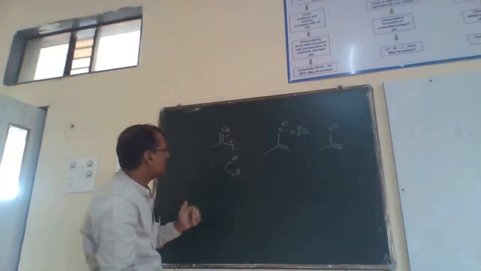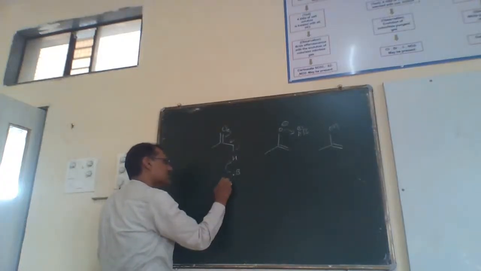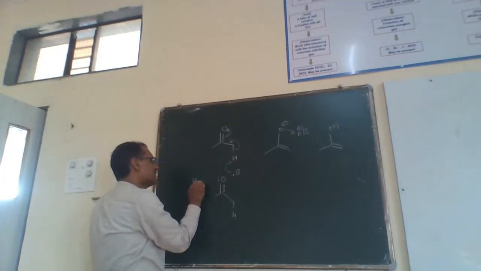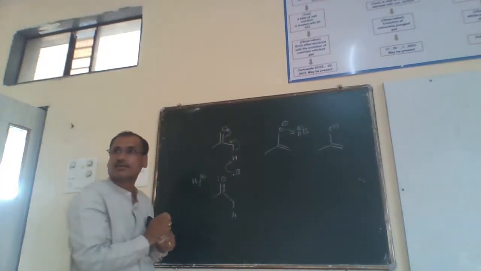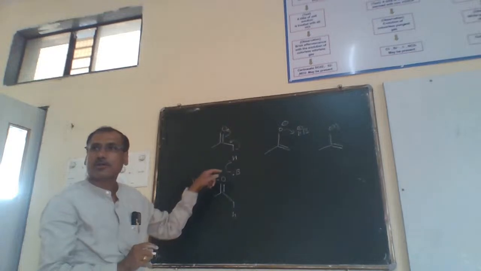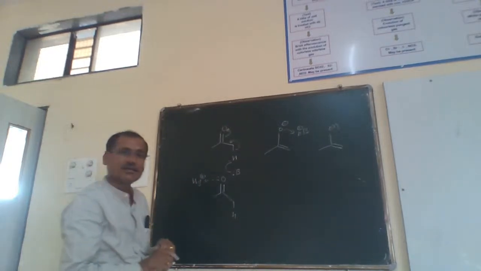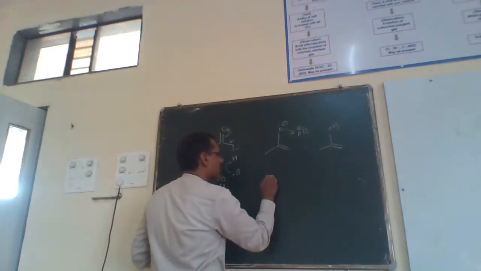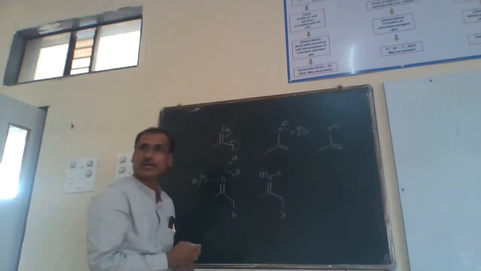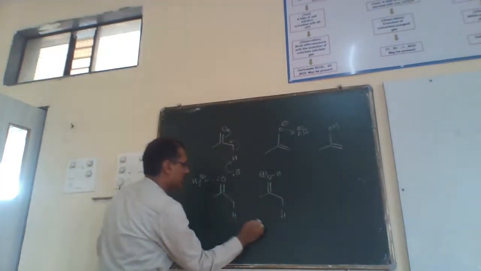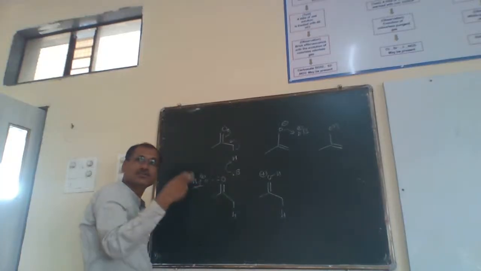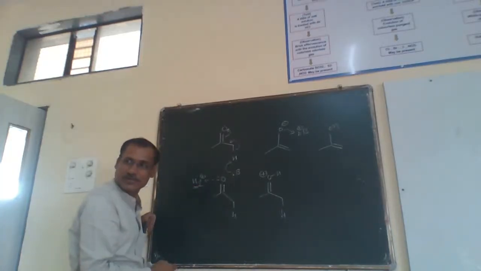Similarly, if you have acid, something like H3O plus, what will happen? This H3O plus will take a proton from this. When this takes a proton, it becomes OH plus. And whatever is left from the acid, any acid when it loses a proton, is converted into its conjugate base.